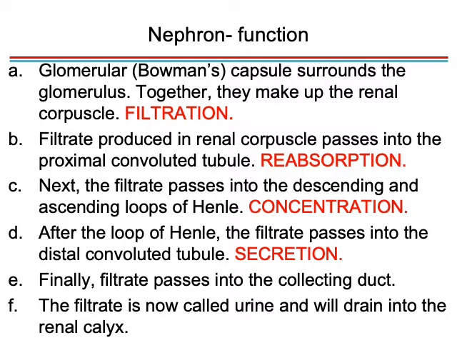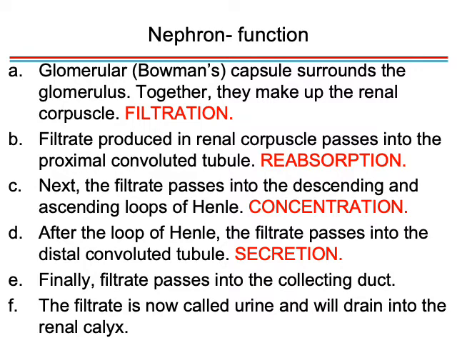Number 3 is concentration, and that occurs within the loops of Henle. The last bit is secretion, and this is found within the distal convoluted tubules and the collecting ducts. And this is where material is taken from the blood and put back into the filtrate.